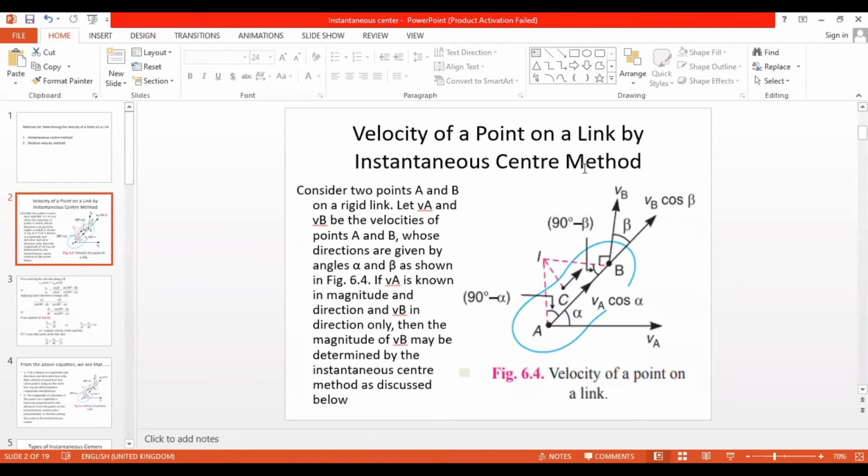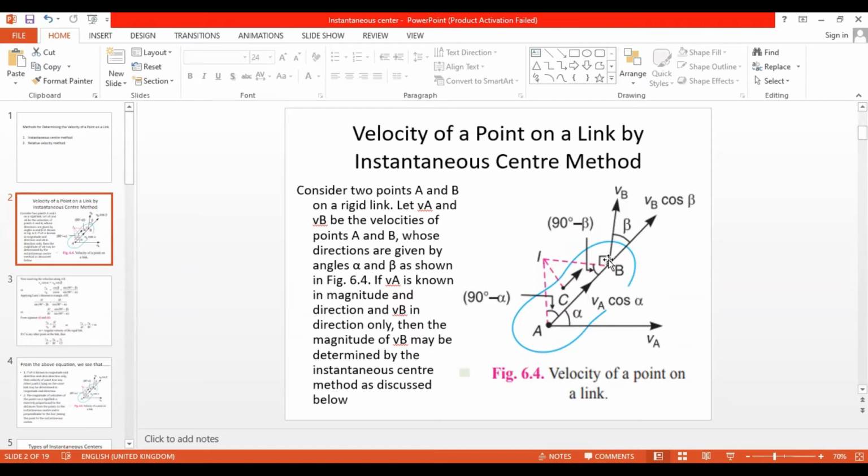So we'll see how we can find the velocity by the instantaneous center method. Velocity of a point on a link by the instantaneous center method. We'll assume this as a body. Here at this point A on this body, we have the velocity VA in this direction.